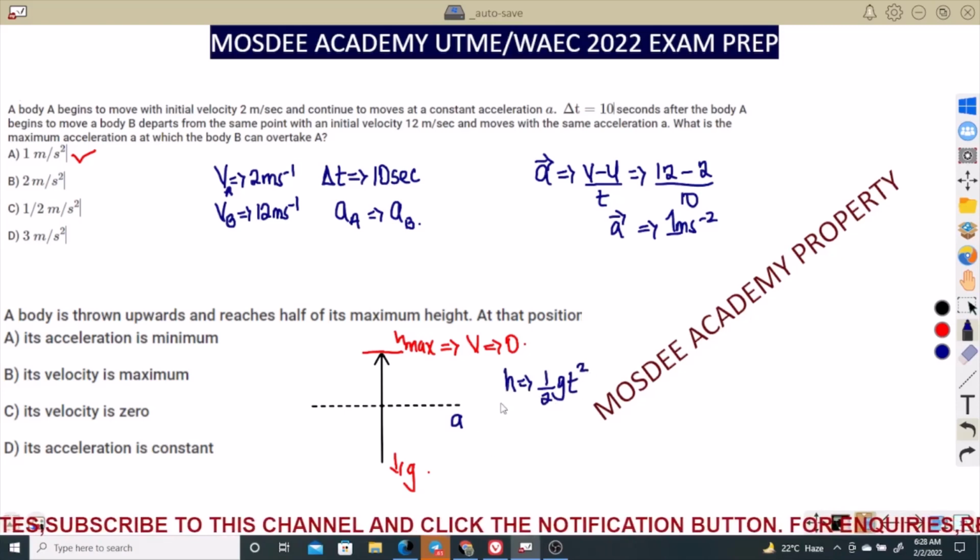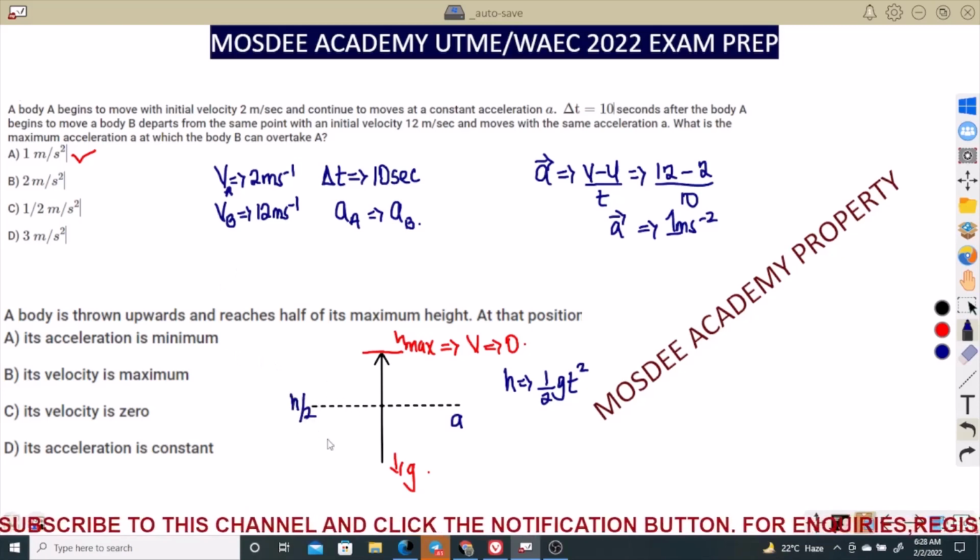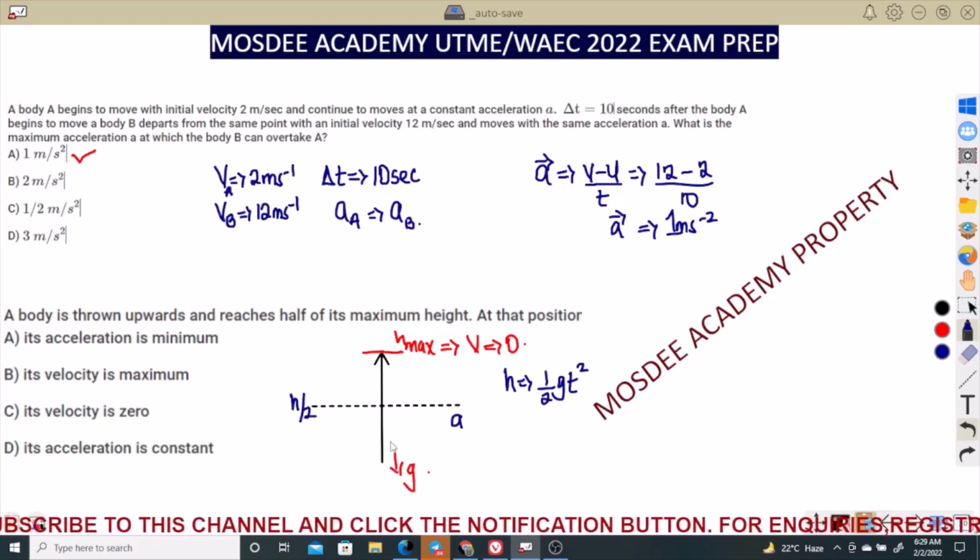Now here, h is half of the initial, but you don't need this. You just need to understand the interpretation. At this particular position of half of the height, that is h by 2, the value of the gravity that is acting on this body is constant because the body is still going up.